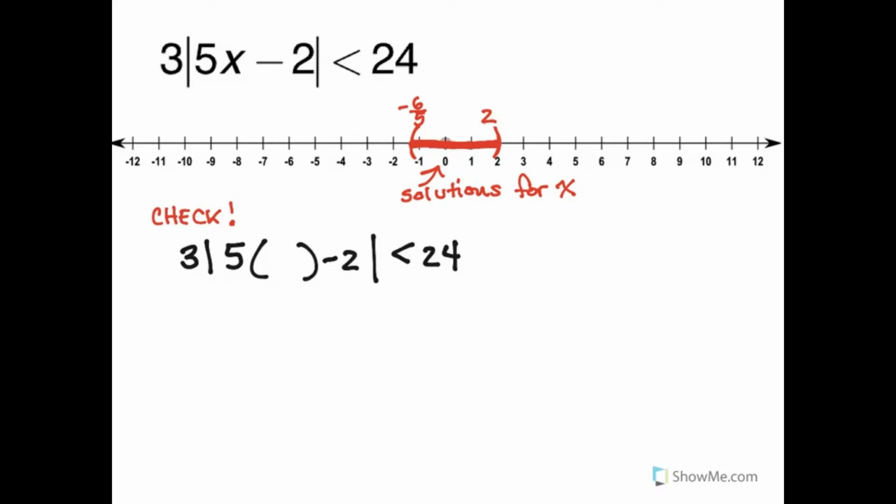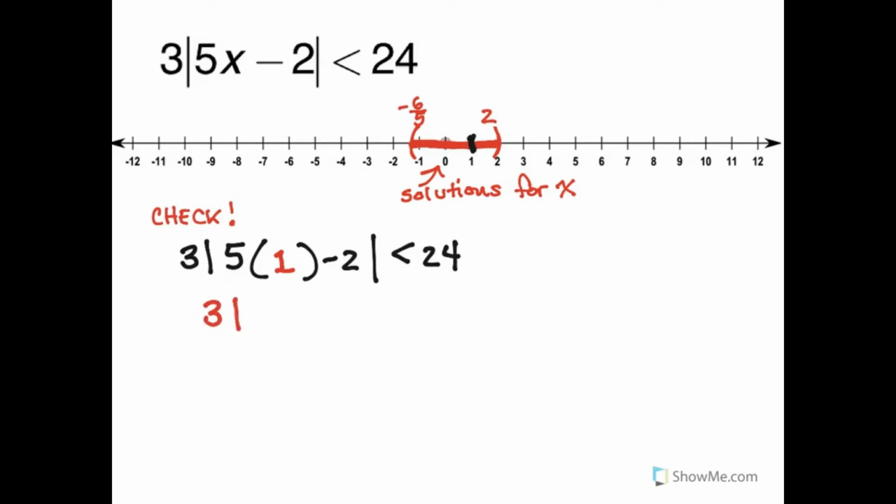So we're going to pick any number in the interval negative 6/5 to 2. I'm going to pick the number 1, and I'm going to plug it right into that original inequality. So I'm checking to see if 3 times the absolute value of 5 times 1 minus 2 is less than 24.